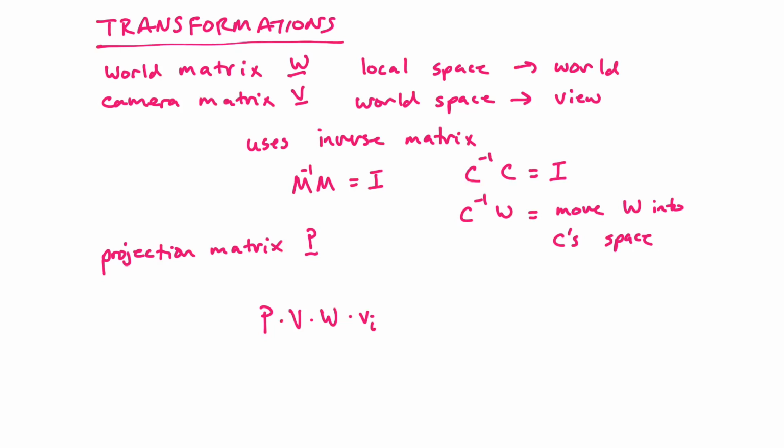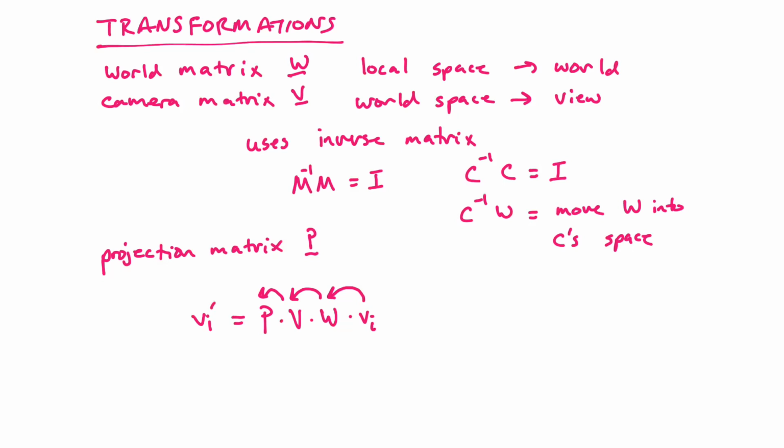That's our position, and we can just go ahead and say that v sub i prime equals that result. But what's going to happen is that v sub i is going to move into world space with this multiplication, and then it's going to move into camera space with this multiplication, and then it's going to move into projection space with this final one.